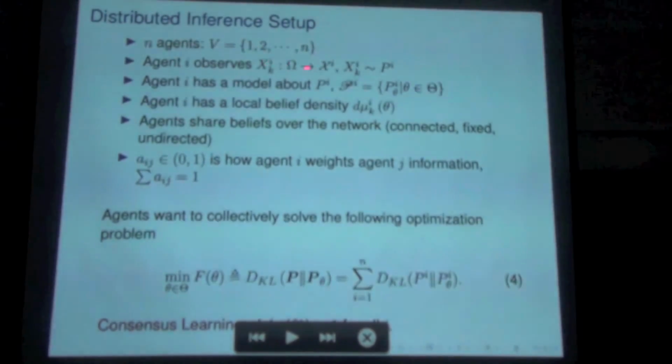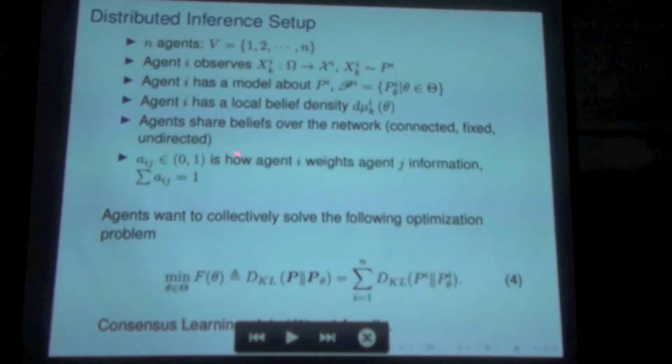And this random variable is distributed according to some pi. So this is p star, but now because I have a different one for each agent, each agent is observing a different random variable. And also now each agent has a model. So same situation, but now it's for each agent. So each agent has a family of distributions parameterized by theta. Each agent has beliefs. So this is the notation: mu sub k is the belief of agent i about parameter theta at time k.